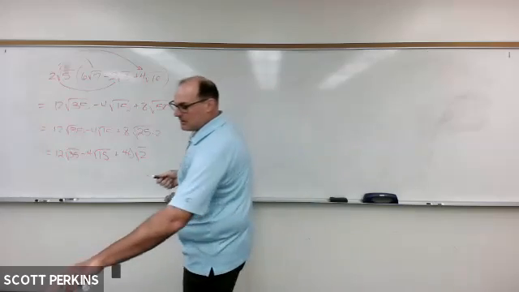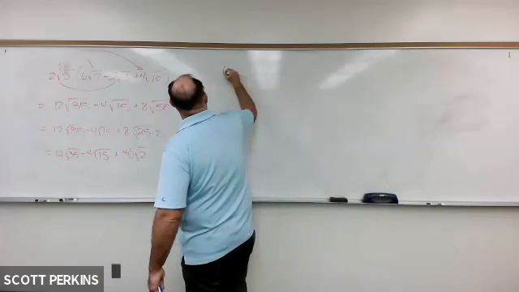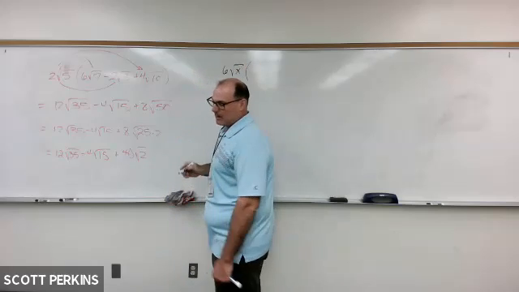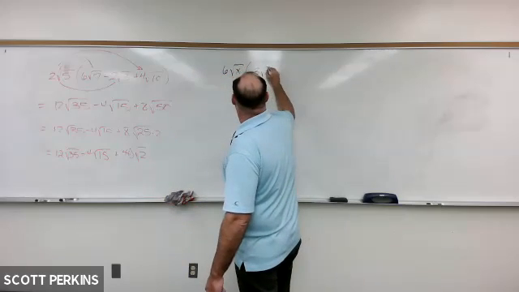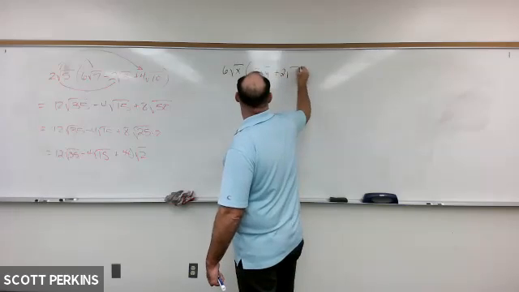So here's the last distributing problem. So if we have 6 square root of x, and in parentheses, we have 3 square root of y plus 2 square root of x.